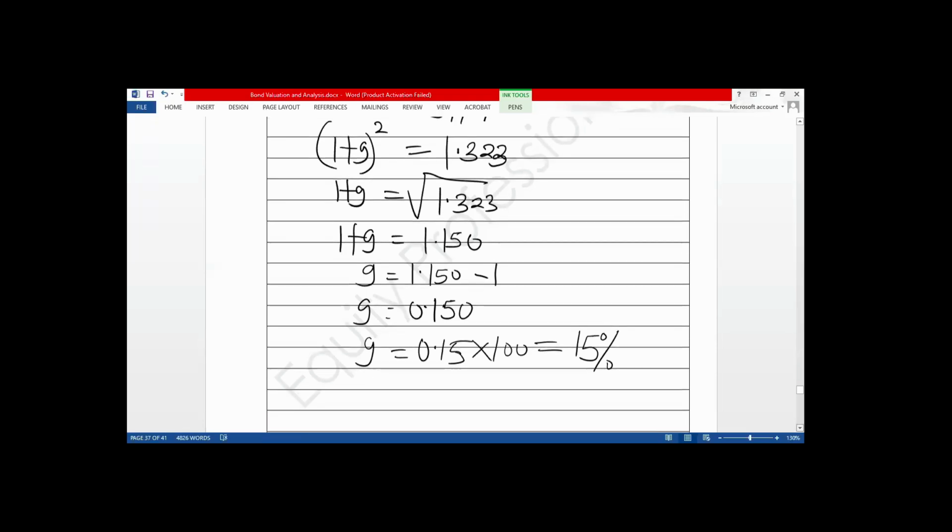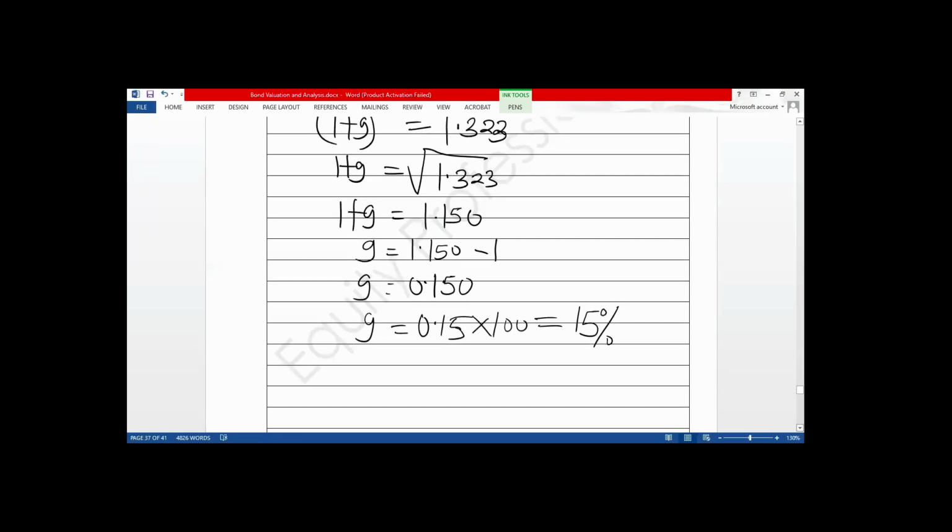That means the minimum expected growth rate in share price is 15%. This will give you your 10 marks.